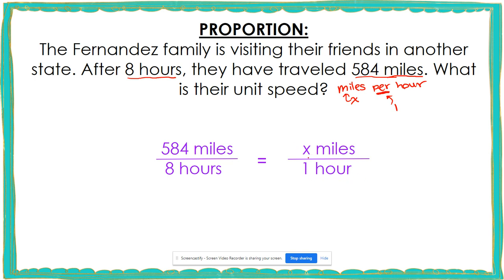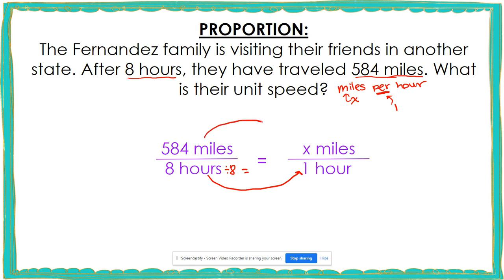Now to figure out what x equals, I'm going to look at how did I get from 8 to 1. I know that these are equivalent ratios, which means that they really are equivalent fractions. And to get from 8 to 1, I would have divided by 8. So 8 divided by 8 would give me 1.